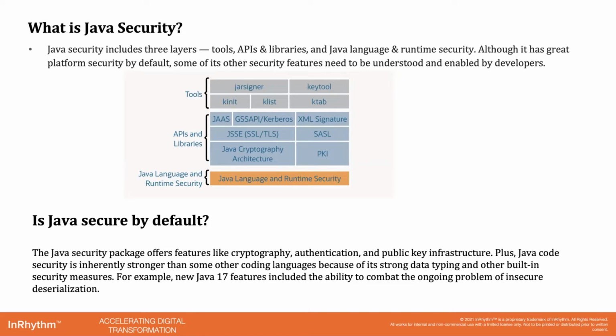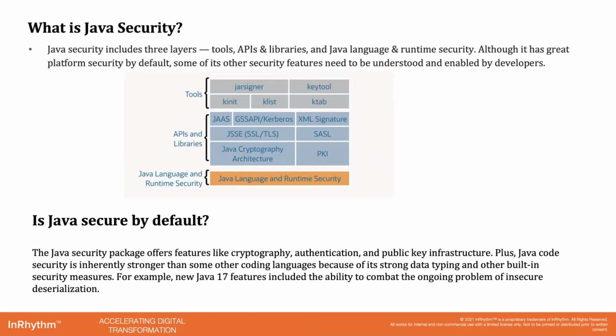The Java security package offers features like cryptography, authentication, and public key infrastructure as well. Plus, Java code security is inherently stronger than some other coding languages because of its strong data typing and other built-in security measures.